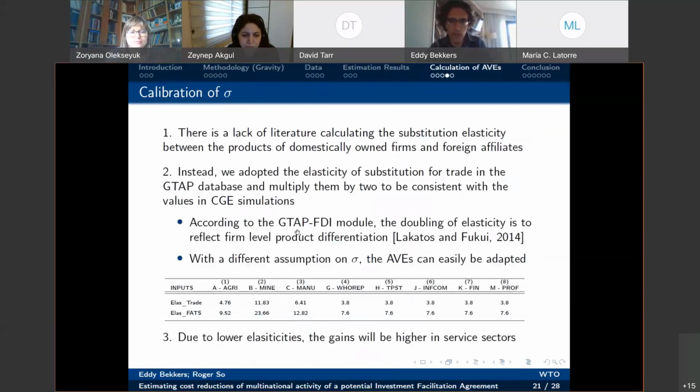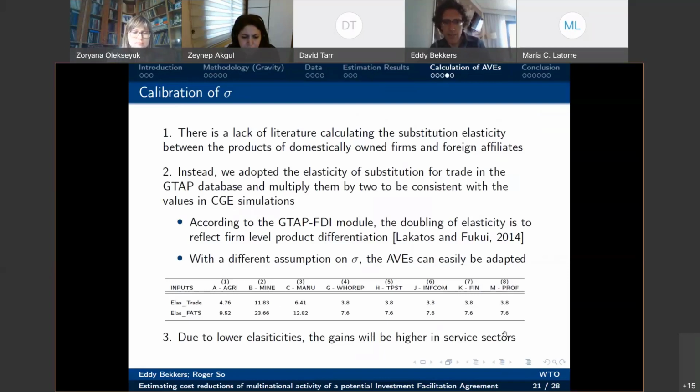If we take, for example, the GTAP FDI module, it seems that there the elasticity of substitution between goods from affiliates from different origin is double the substitution elasticity between goods from different exporting countries. That is what we align to now. But if we change the model, then the ad valorem equivalence might also change. So we use the elasticities from the GTAP database and multiply them by 2.